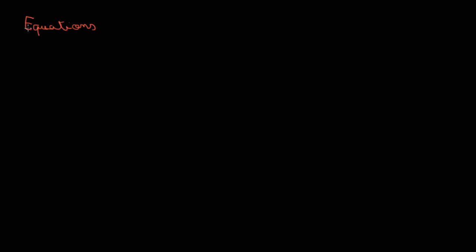So for example, if I have here a numerical expression 3 plus minus 8 equal minus 5. Obviously, this equation or equality is true because what I have on the left side is equal to what I have on the right.